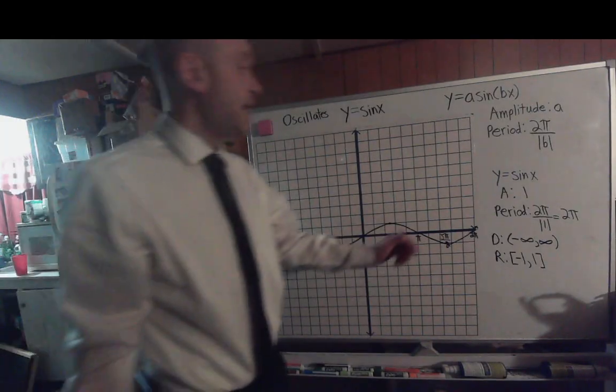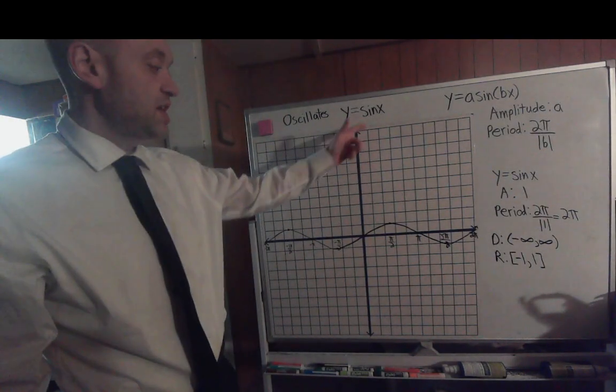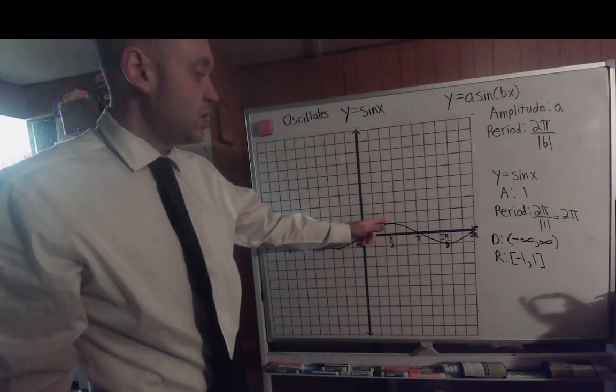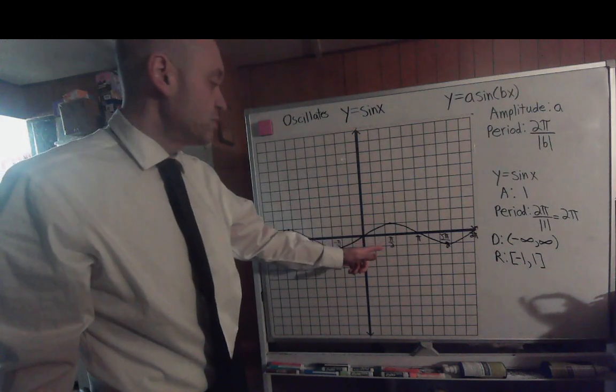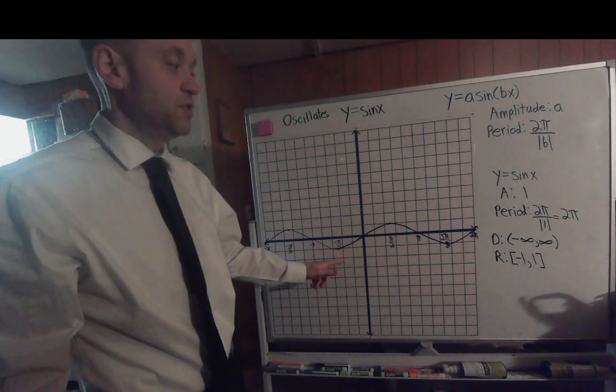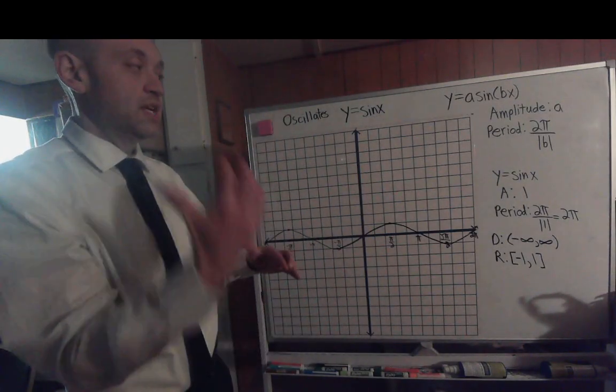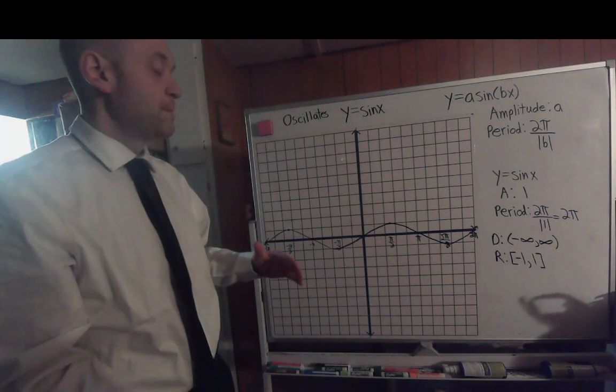So if I had a 2 on here for 2 sine of x, my maximum value of the range would go all the way to 2. My minimum value would go all the way down to -2. It stretches it vertically, if you will. That's what the amplitude does.